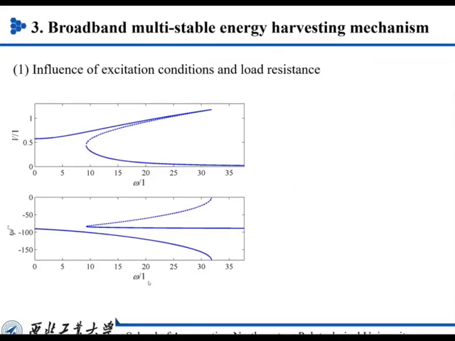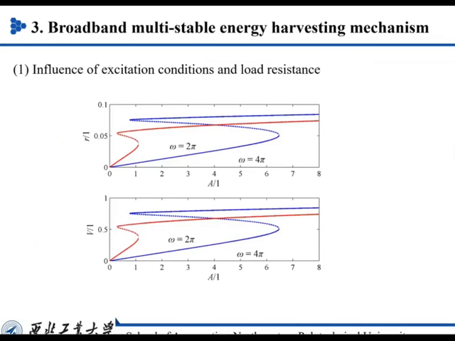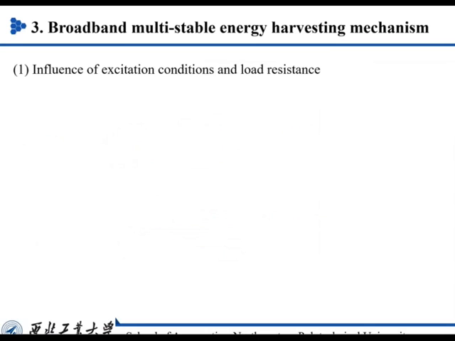So I think we are familiar with this first picture. Along with the change of excitation frequency, the harvester may have a multi-stable range. This is a multi-stable range, and also as the excitation amplitude changes.